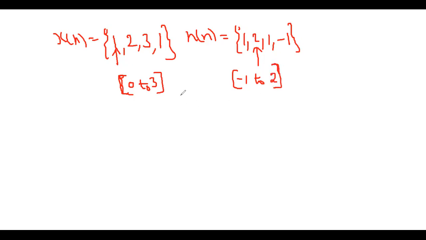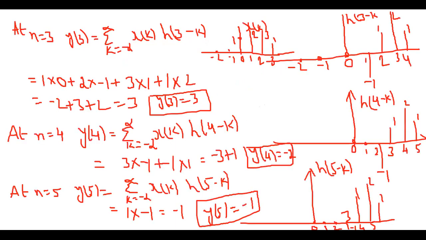Okay, what is the y of n interval? It starts at 0 plus minus 1, so it runs from minus 1 to 3 plus 2, that is 5. So there is no need to find y at n equal to 6, my dear students.